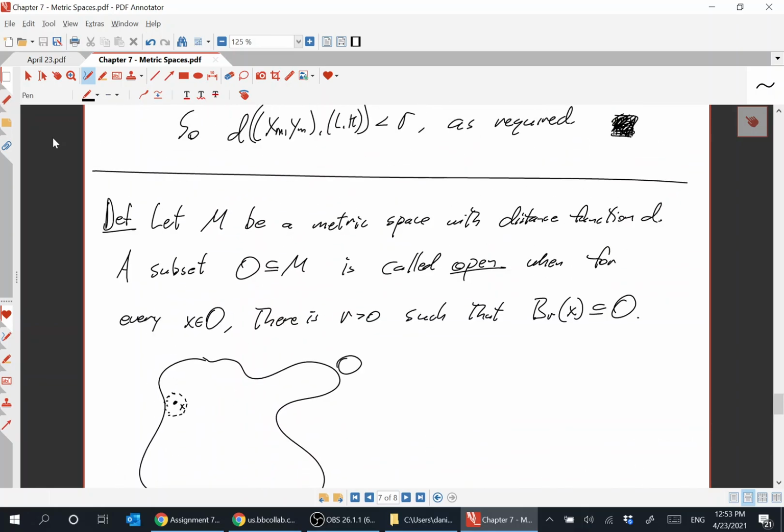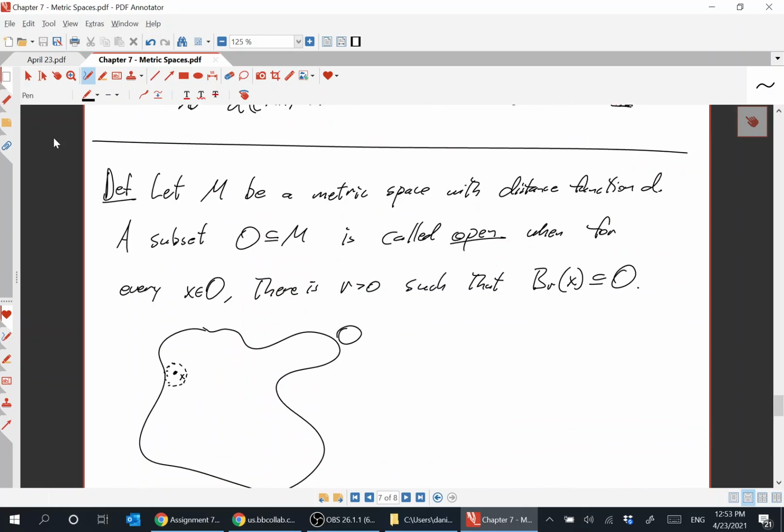Let's take a look at the definition of open set again. A set O is called open when for every x in the set, there is an open ball around x that stays in the set.